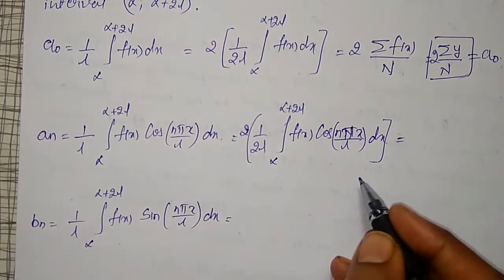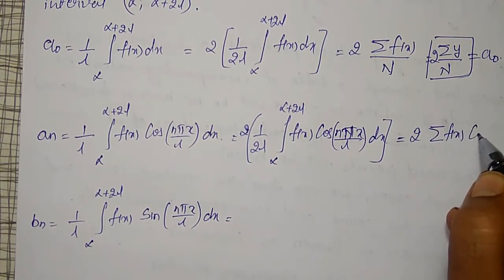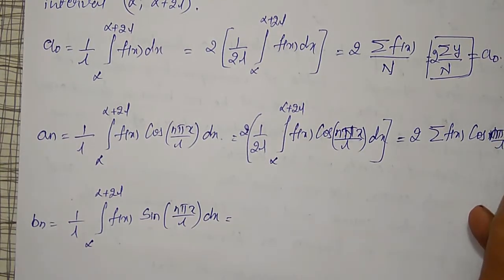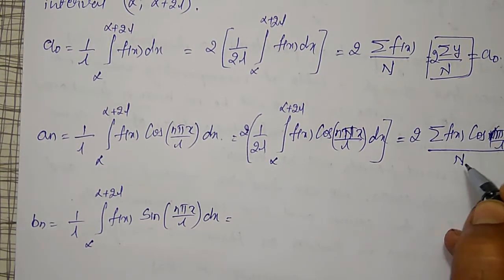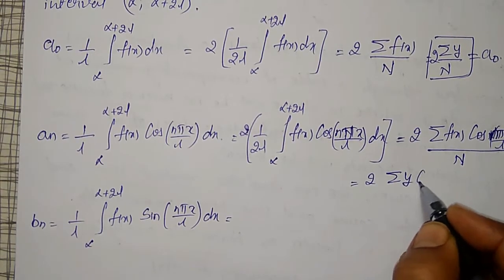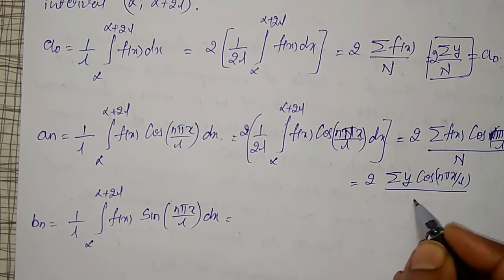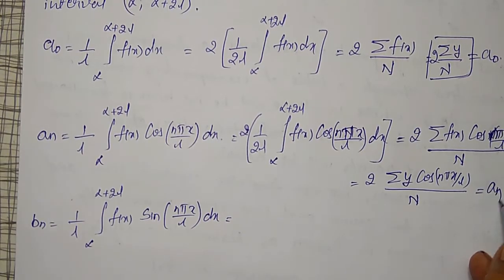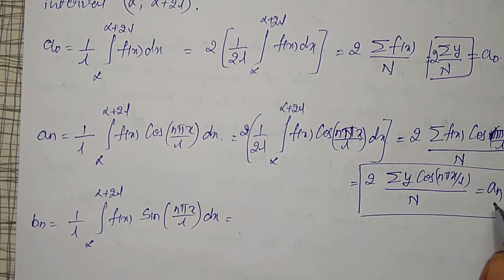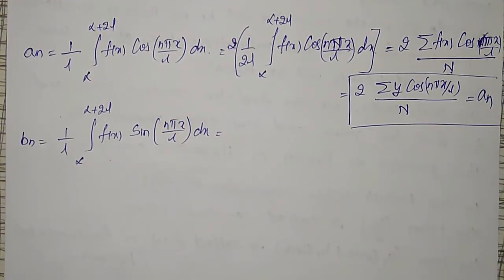This bracket can be replaced by 2 times summation of f of x cos n pi x divided by l, whole divided by n, or I can write it as 2 times summation of y cos n pi x divided by l, divided by n, which is my an. For n equal to 1, 2 and so on, this also changes. Like this we can find it.